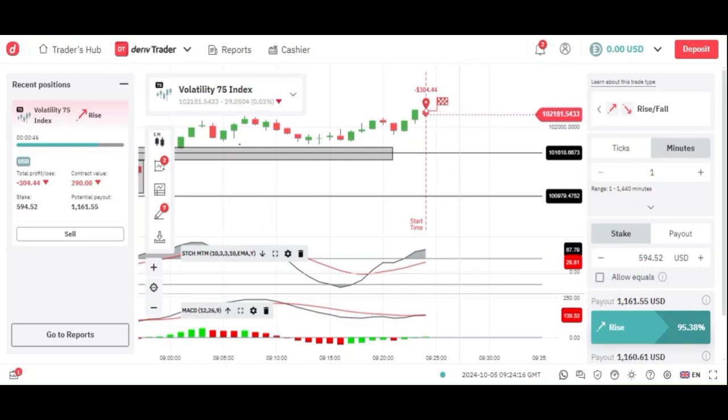So let's wait for the 1 minute to elapse, and I am very sure it will be a rise. For the reason that we are now trading using the 1 minute, and you see we are at negative 140. Let's wait and see whether it will change to a rise, because we have entered on the right entry point.